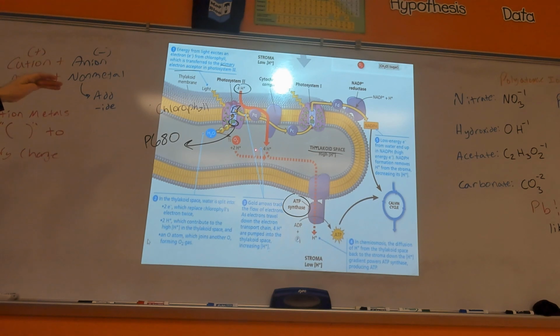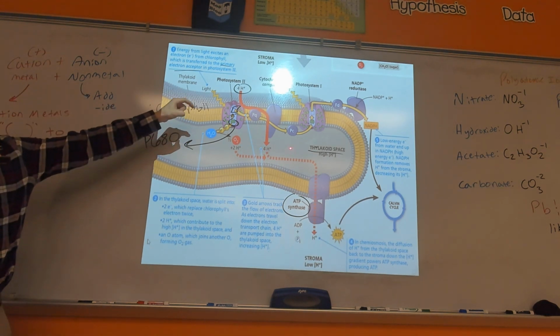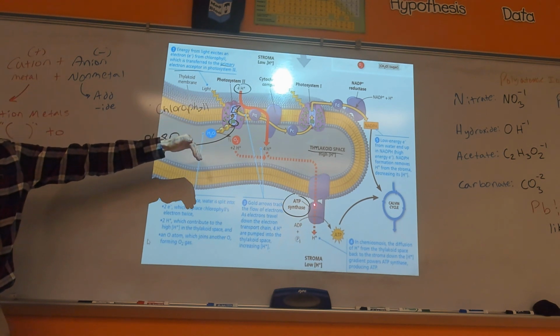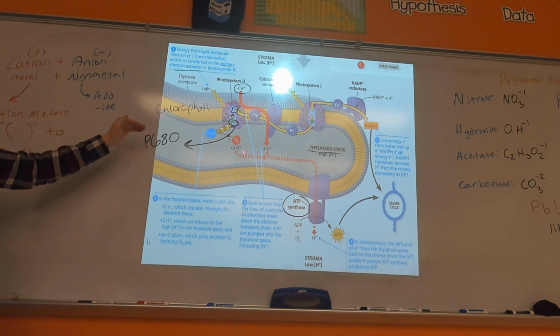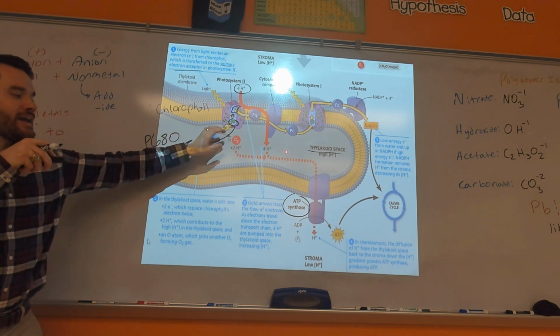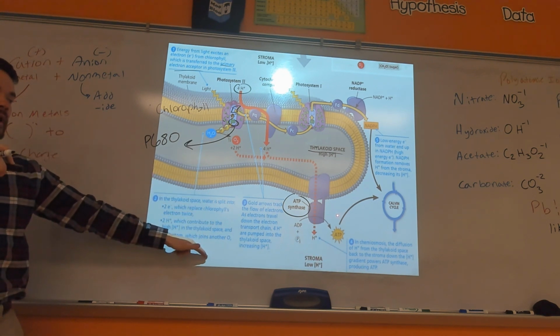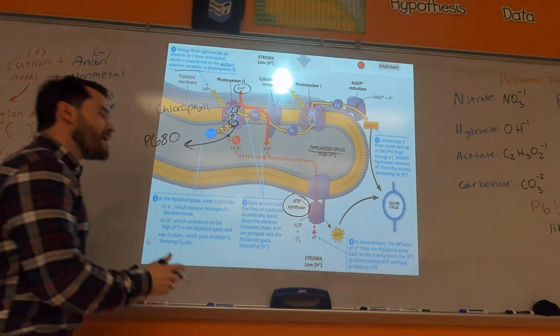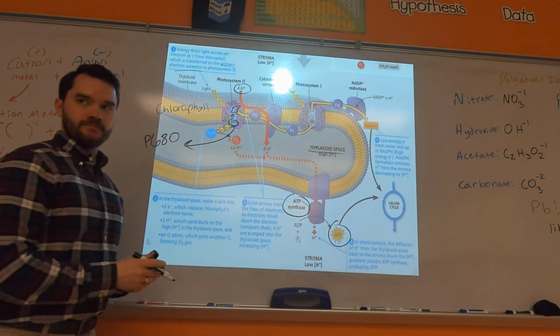The hydrogen ions go from where there's more of them down through the ATP synthase, like the wind going through a turbine, and the energy of those hydrogen ions going from high back into the stroma where there's a low amount of them, the energy of them going through the ATP synthase makes your ATP.